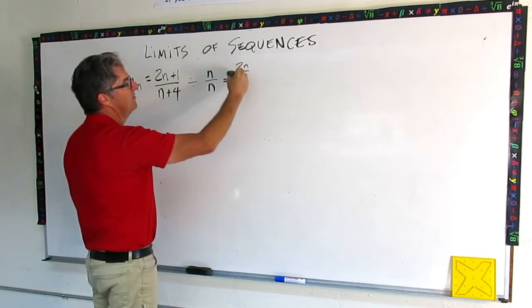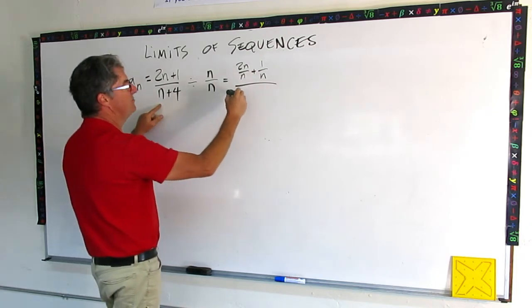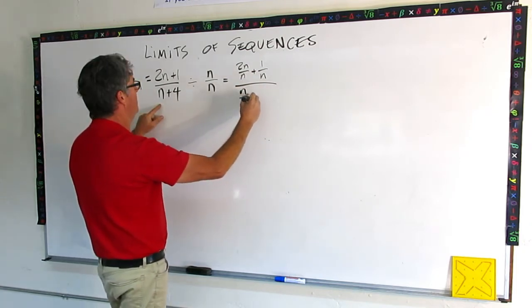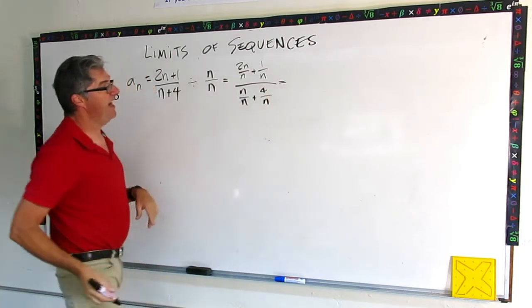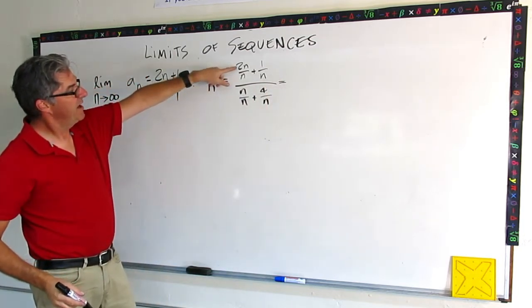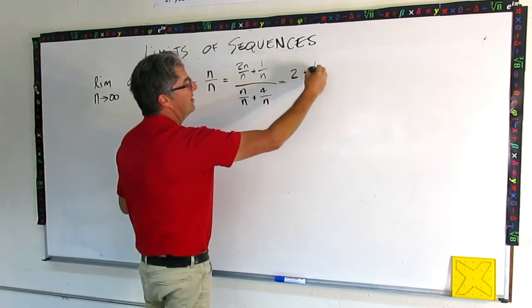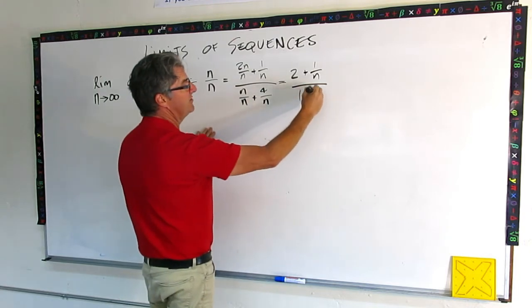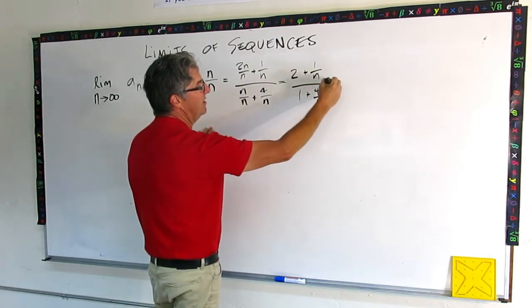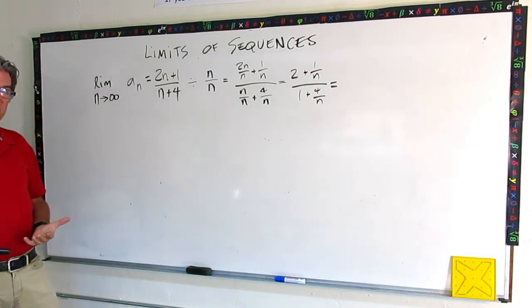It's 2n over n plus 1 over n for that part, and this becomes n over n plus 4 over n. Now we can simplify that down. 2n over n is just going to be 2 plus 1 over n. n over n is just 1 plus 4 over n. Now we can run n to infinity and see what we get.